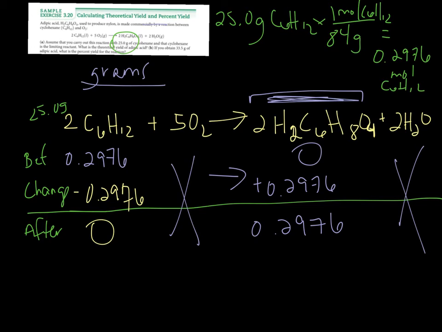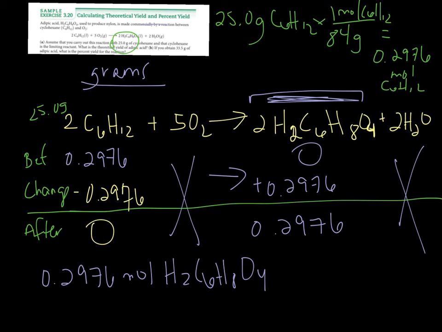So in this case, now I'm going to take my 0.2976 moles of adipic acid, 0.2976 moles of this H2C6H8O4, and I'm going to multiply it by the molar mass, the mass of 1 mole of adipic acid.